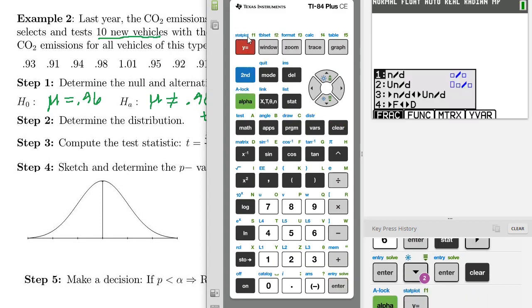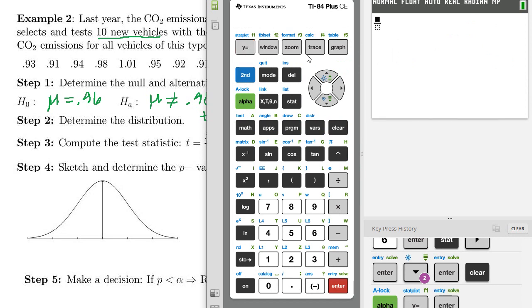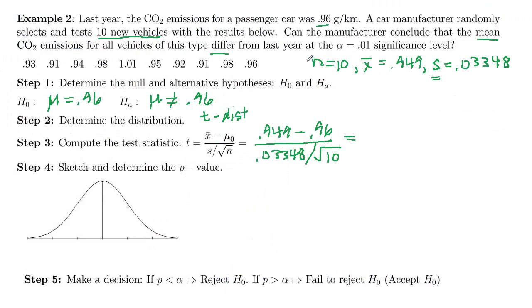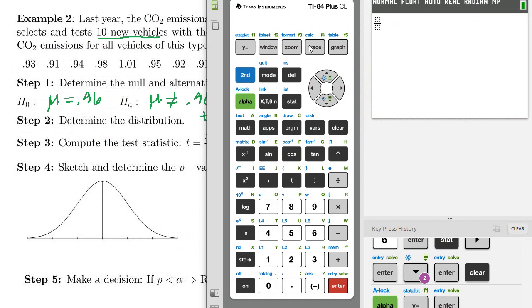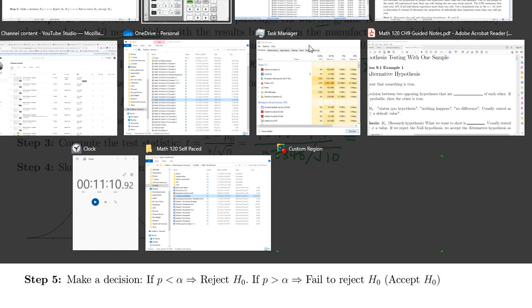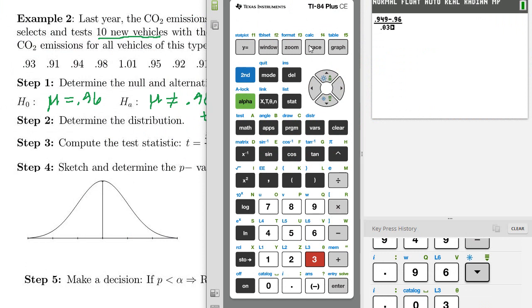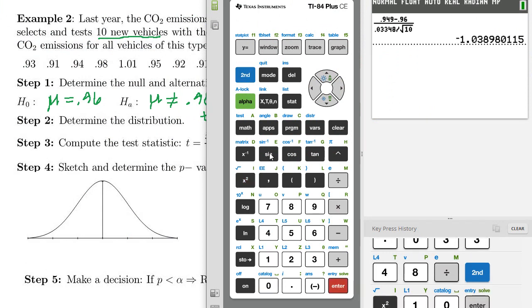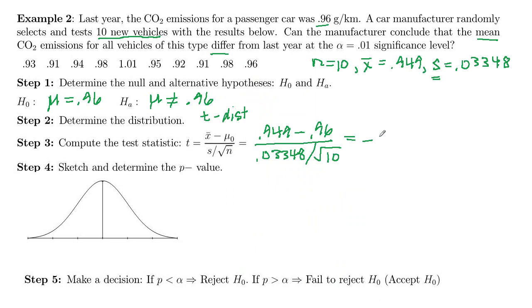So 0.949 minus 0.96 on top, and then down on the bottom 0.03348 divided by square root 10. So negative 1.04 to 2 decimal places.